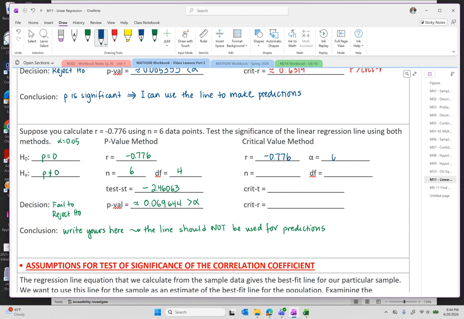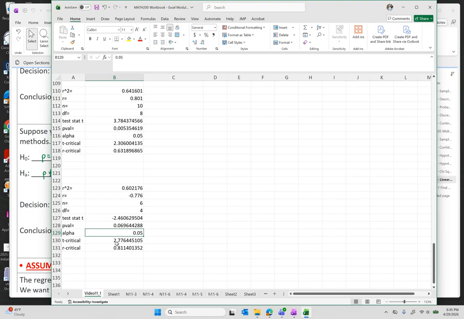0.776, the alpha is 5%, the N is 6, and the degrees of freedom is 4. Again, from my Excel, the critical value of T over here is 2.776, and the R critical is 0.8114.